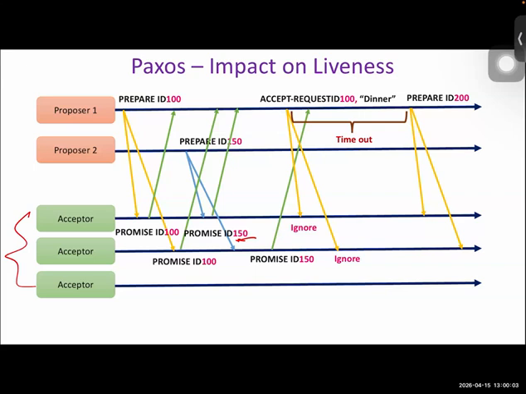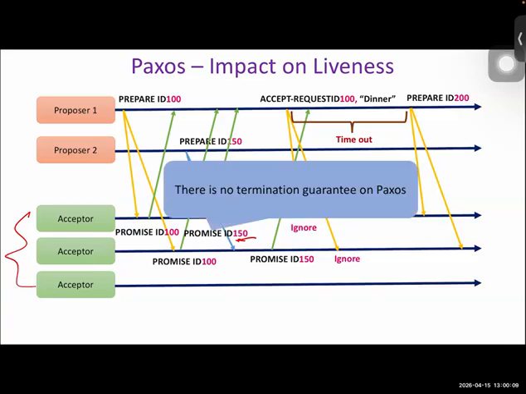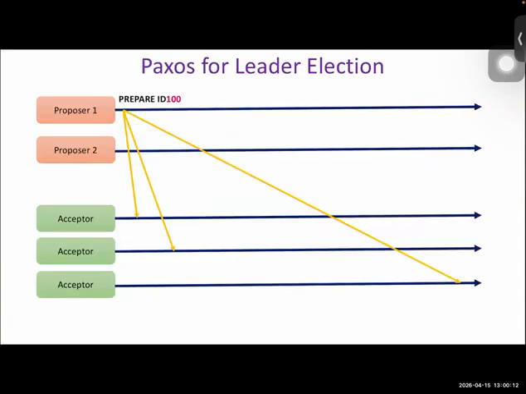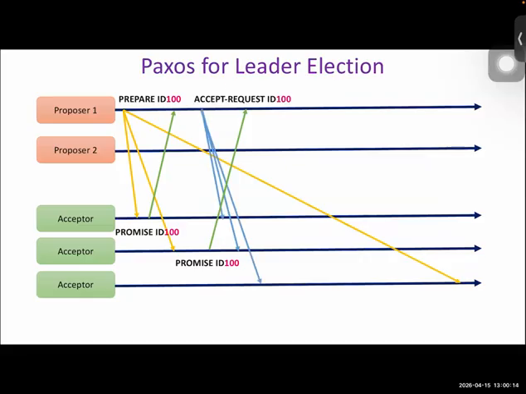And then liveness, which eventually requires a stable leader. That's why leader selection is done here, so there are no endless competing proposers.